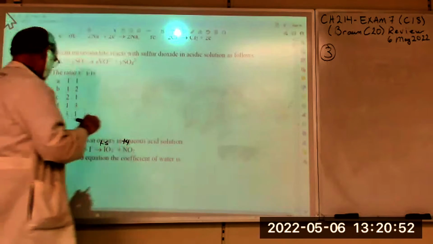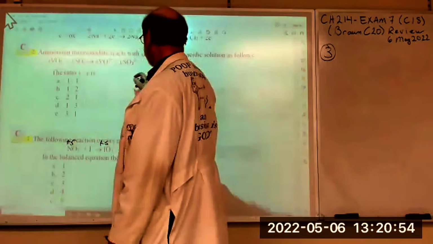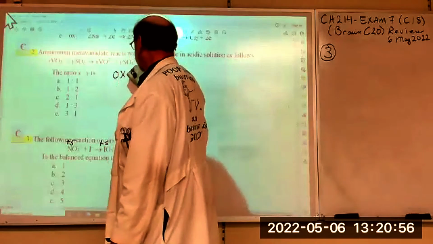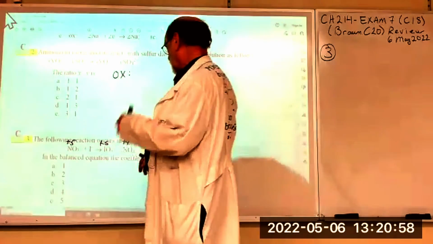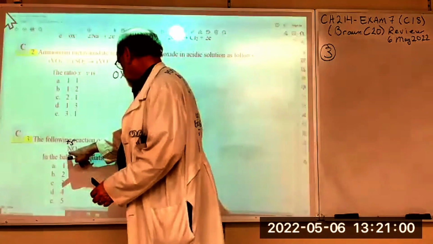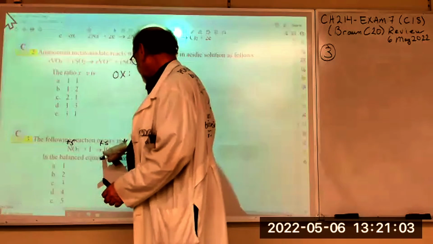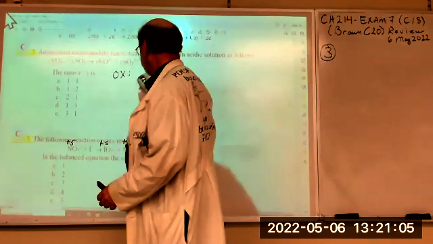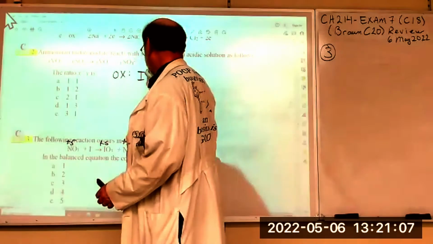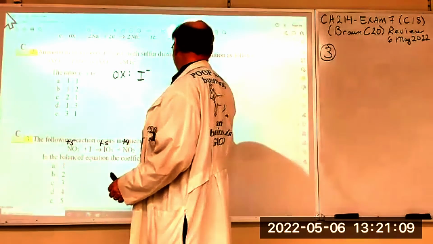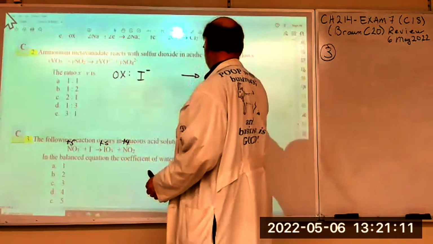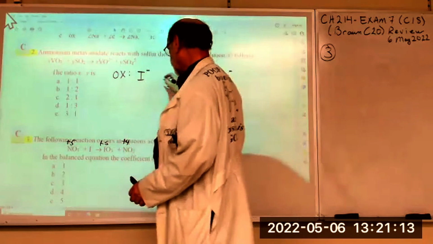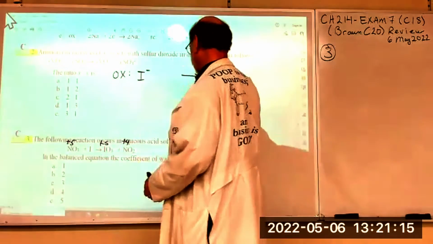Okay, now we can write our steps. So the oxidation step is going to be loss of electrons. Iodine to iodate. Iodide ion to iodate. And this one is -1, and this one is a +5.